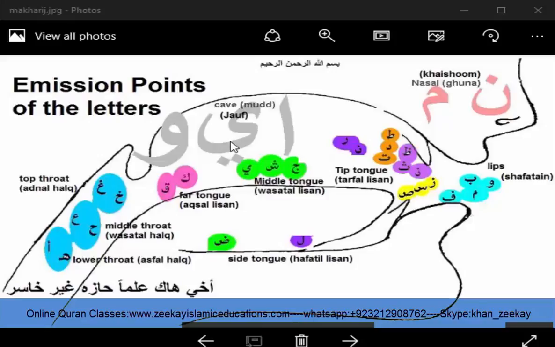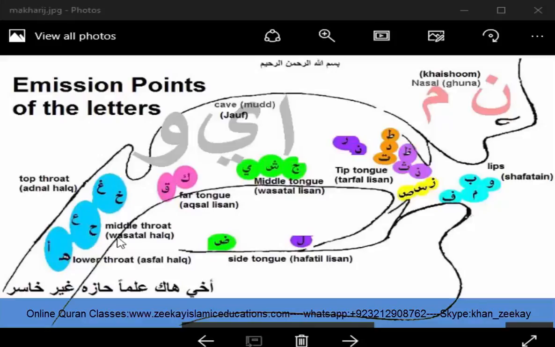The next origin is our throat, and it has three parts, as you can see here: top throat, middle throat, and lower throat. In Arabic, the top throat is known as adnal halq.